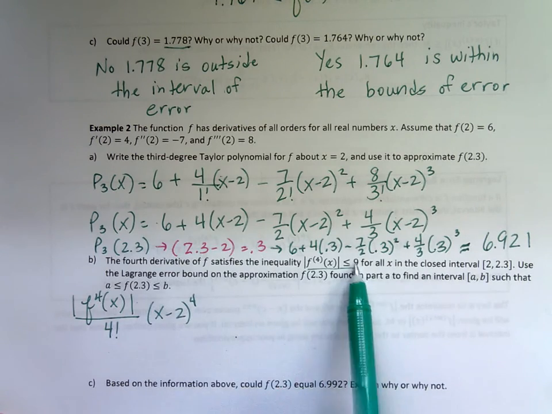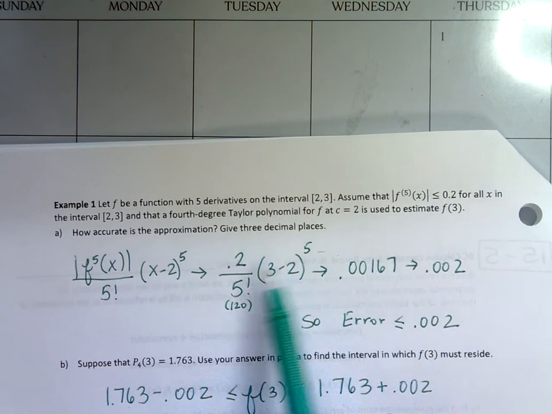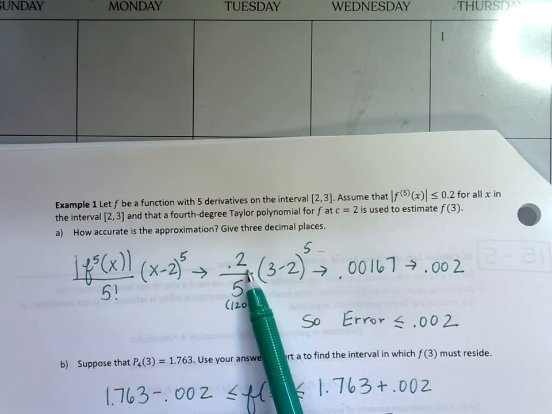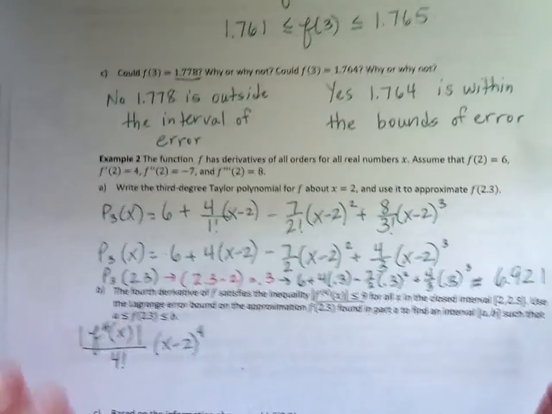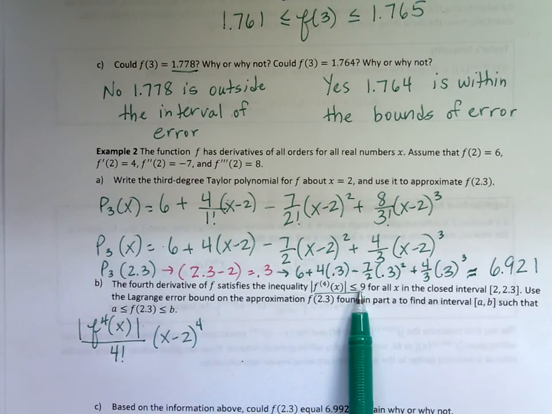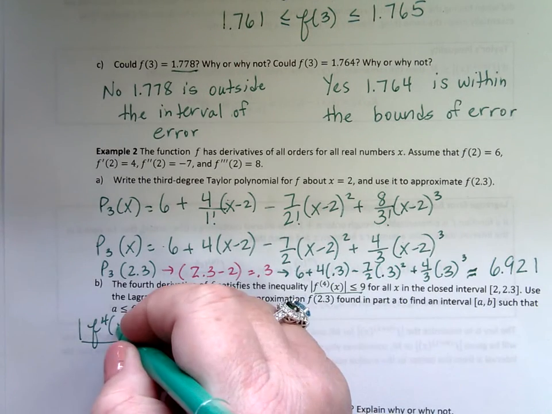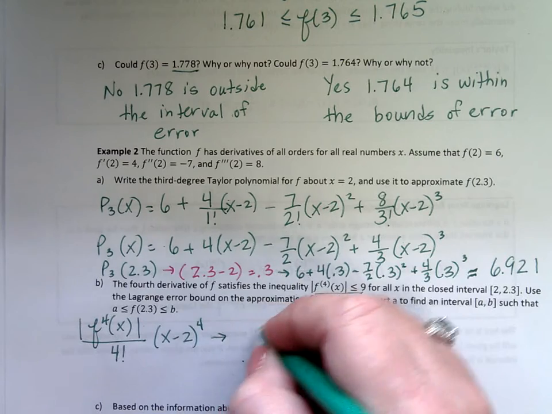Just like back in example number 1a, I go to the inequality and the numerator is coming from what that inequality can max out at. This one maxes out at 9, right? Because that's what my inequality is now. So this piece here is 9, the top.